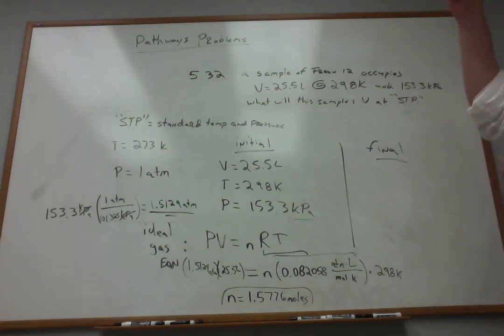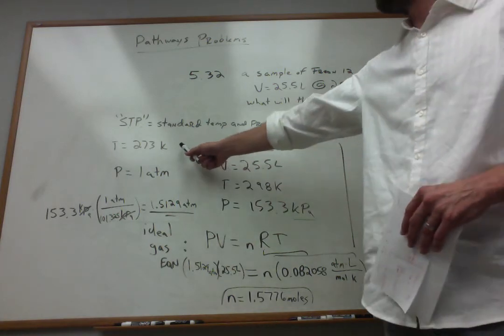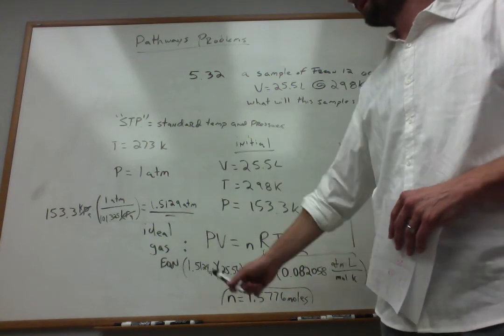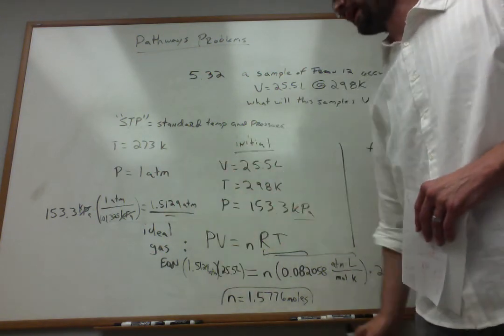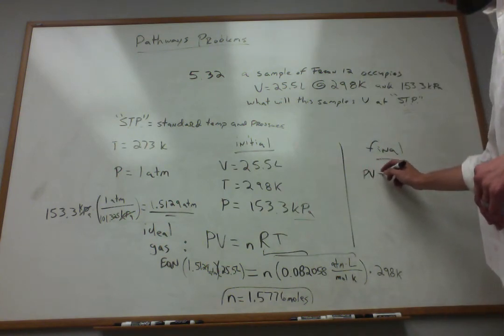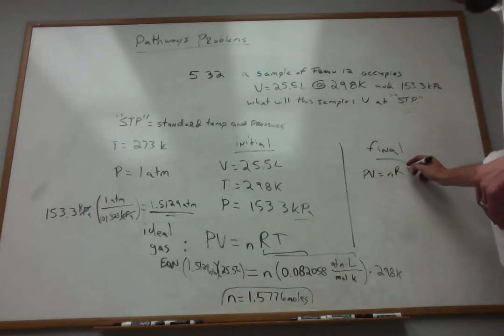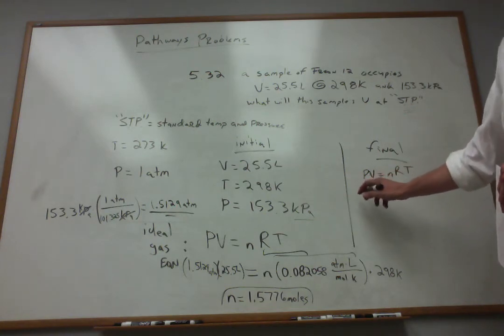Now, what do I know about that? Well, I know, by definition, temperature at standard conditions is 273. And I know, by definition, pressure at STP is 1 atmosphere. So if I go back to my PV equals nRT equation, there's some things that I already know. For instance, P is 1.